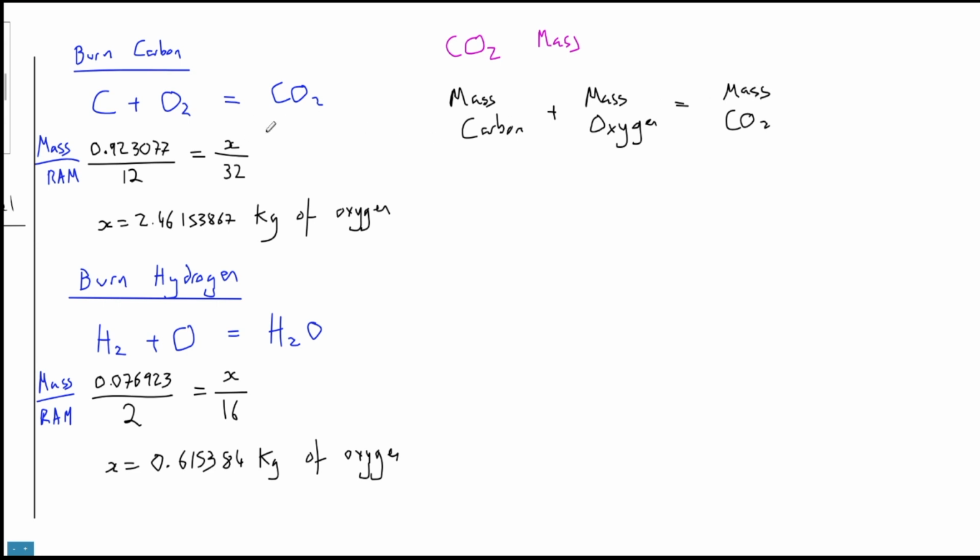The mass of the carbon is right here, I'm just going to copy it across. We've got the mass of the oxygen required just for that carbon, not for the rest of it. Copy and paste that across, and then we just add them together, and we're done.